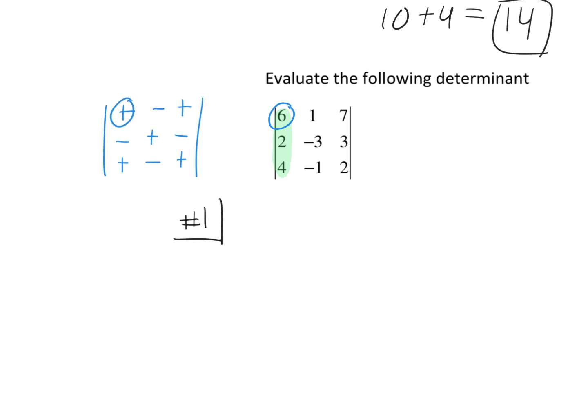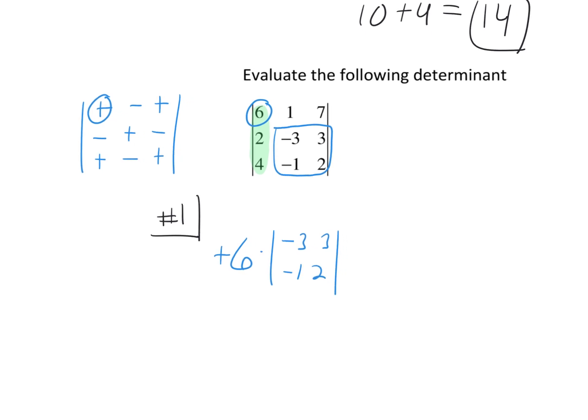So then this is going to be a positive 6. And then I'm going to multiply it by the determinant of whatever is not in that row or column. So what numbers would those be? Good, right? So it's going to be this right here. Negative 3, 3, negative 1, 2. Again, you're looking for whatever's not in the same row and column as that 6.